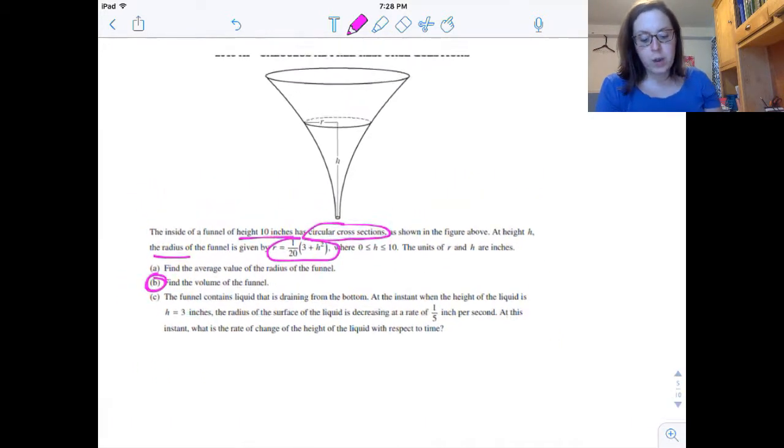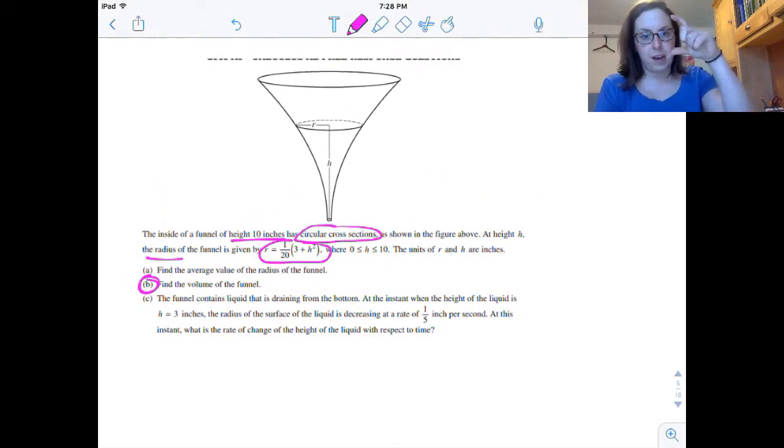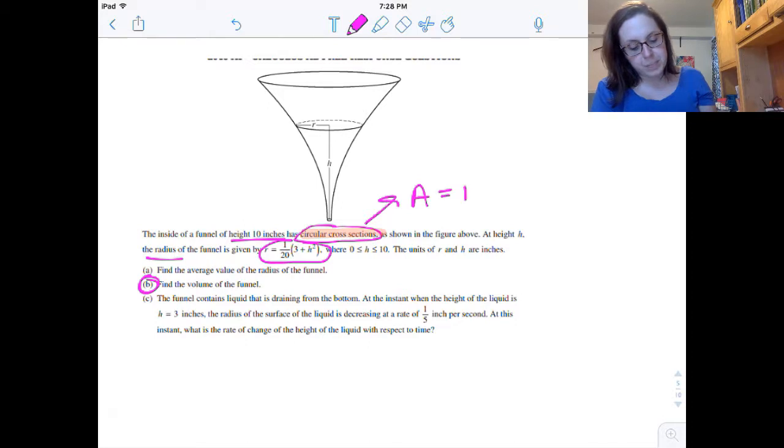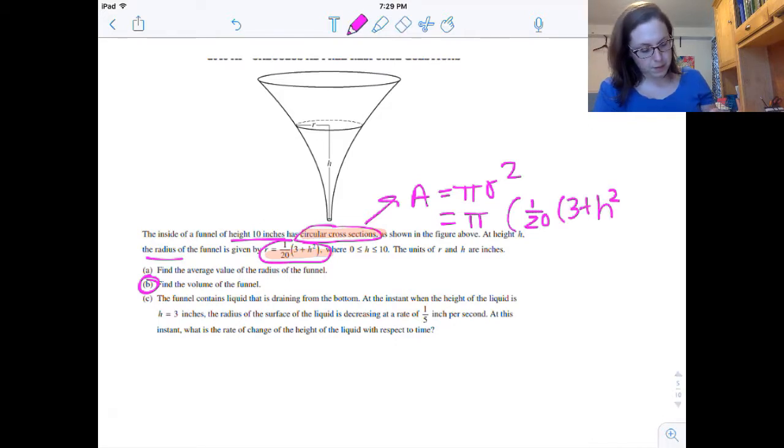So what I want to think about is summing up the areas. They told me that I have circular cross-sections, and I know that the area of a circle is pi r squared. So, knowing that I have a formula for radius, it's going to be pi times 1 over 20, 3 plus h squared. That's going to be my formula for area.